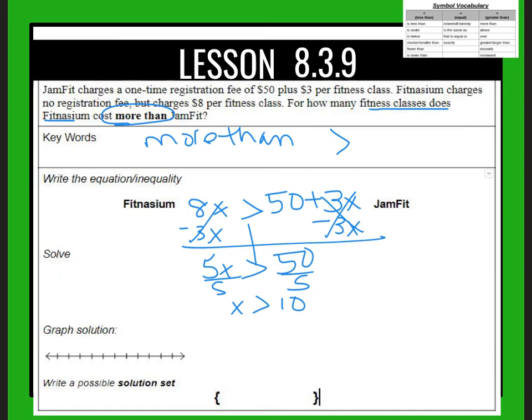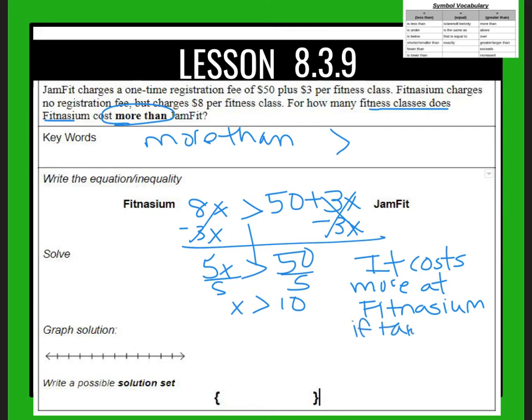At Fitnasium, it costs more if you take more than 10 fitness classes. That's what this solution says.